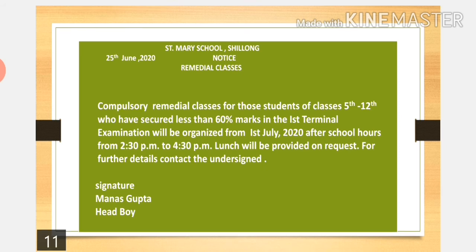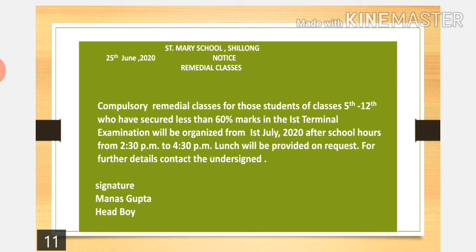Now there are two ways of writing the date. Either you write as it is shown on the screen, or you can also write June 25th 2020. So these are the only two ways of writing dates. Now let us come to the body of the notice.